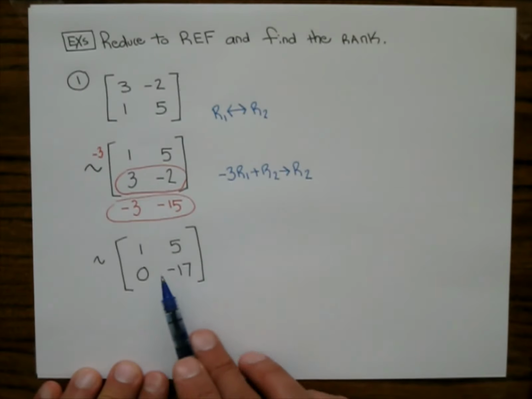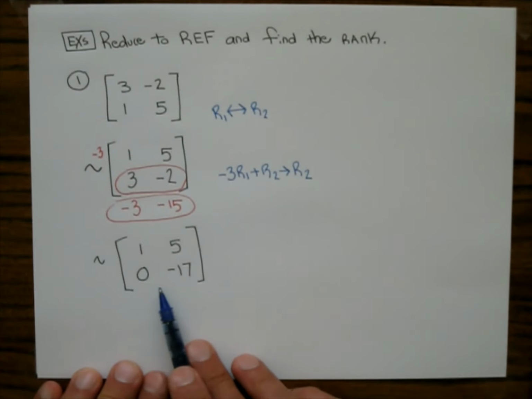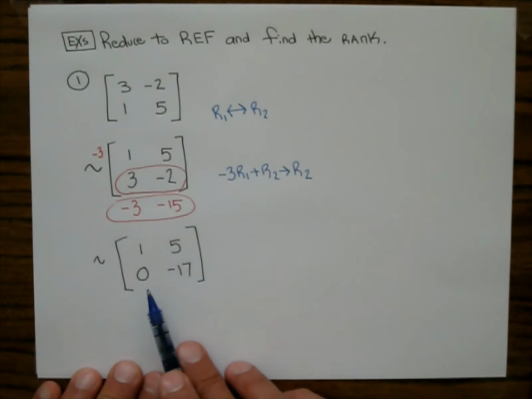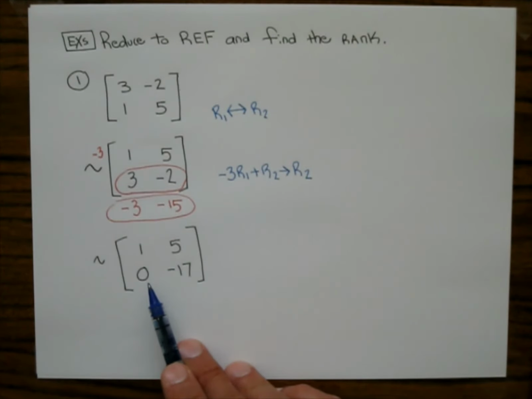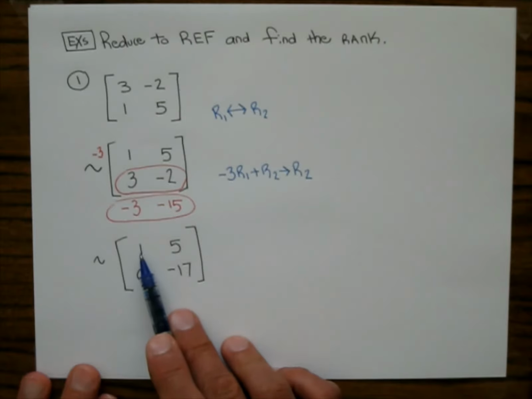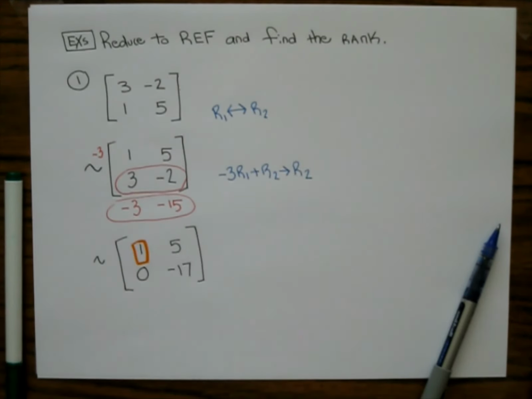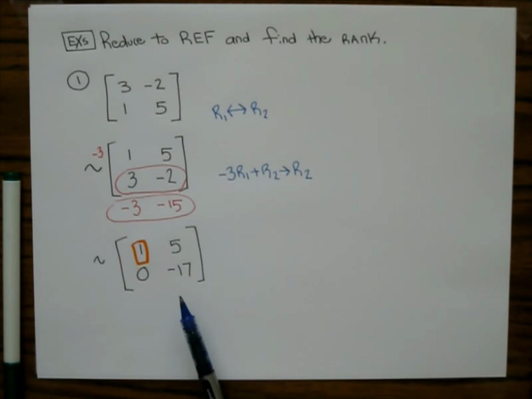The question is, is our matrix in row echelon form? Well, we don't have any rows of zeros, and we have a leading 1 there, but we do not have a leading 1 right here. The first non-zero entry of this row is a -17. So what should we do with row 2?